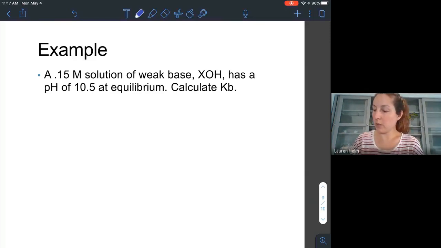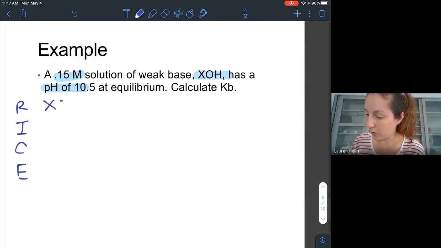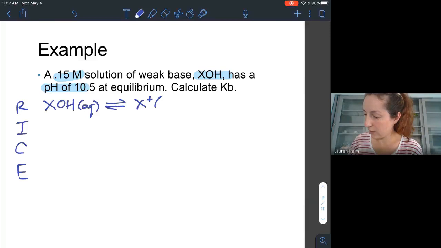So going over this, we have a 0.15 molar solution of a weak base, and we know its pH. So we're going to start with a RICE table. Writing out my generic base, we have XOH, which would be aqueous, in equilibrium with its products, which are the cation X and the anion hydroxide, which is what makes it a base.